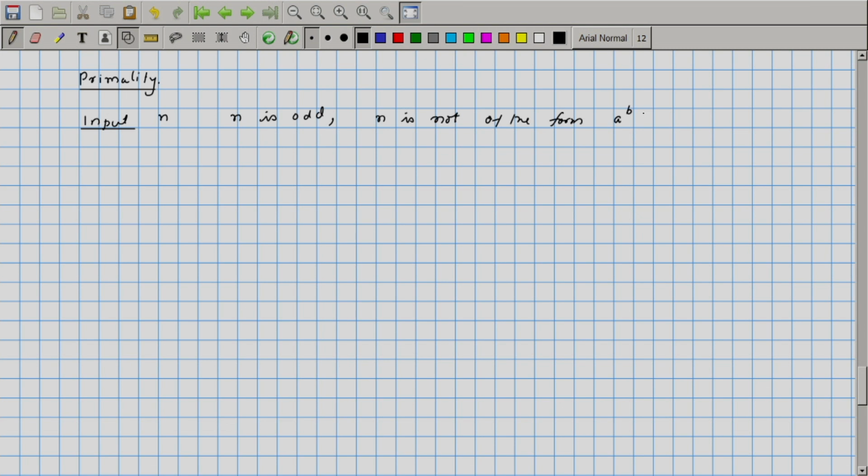This can be easily checked for any input. Is it of the form a to the power b? This can be checked in deterministic polynomial time. Okay, so once we have completed these checks for the input, we can assume that n is odd and n is not of the form a to the power b. In particular, n is not a prime power.